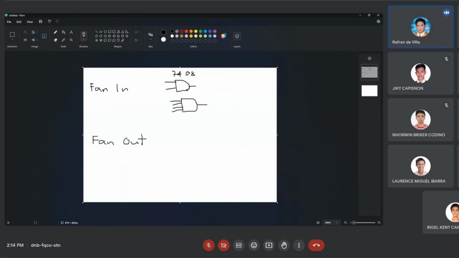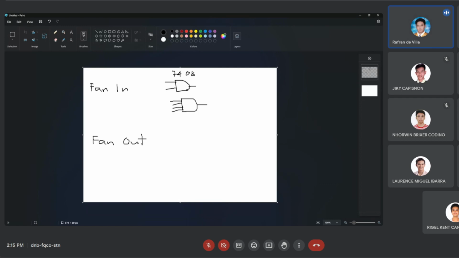The number of digital components that can be connected to a single output. Okay. Is that right, sir? So that is the definition Ibarra got. So for example, if we ask about the 7408, how many fan out does it have? You can find it in the datasheet.